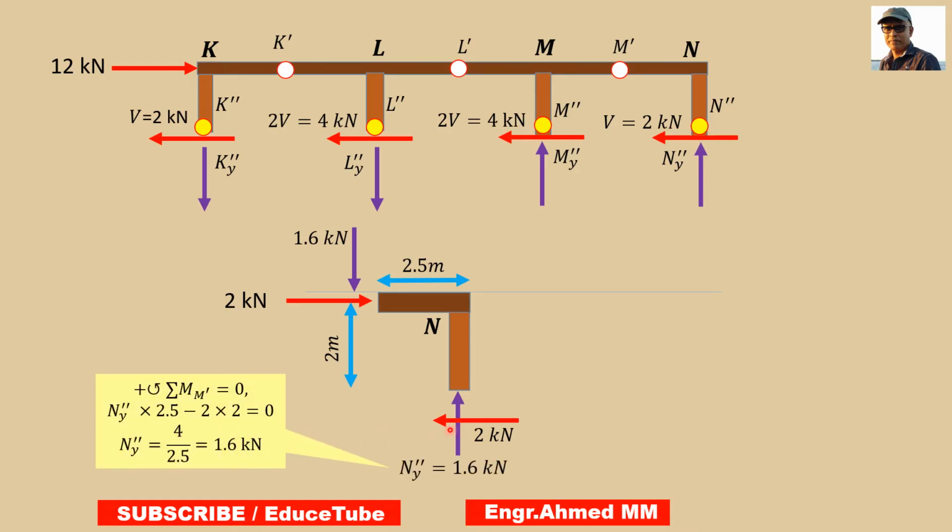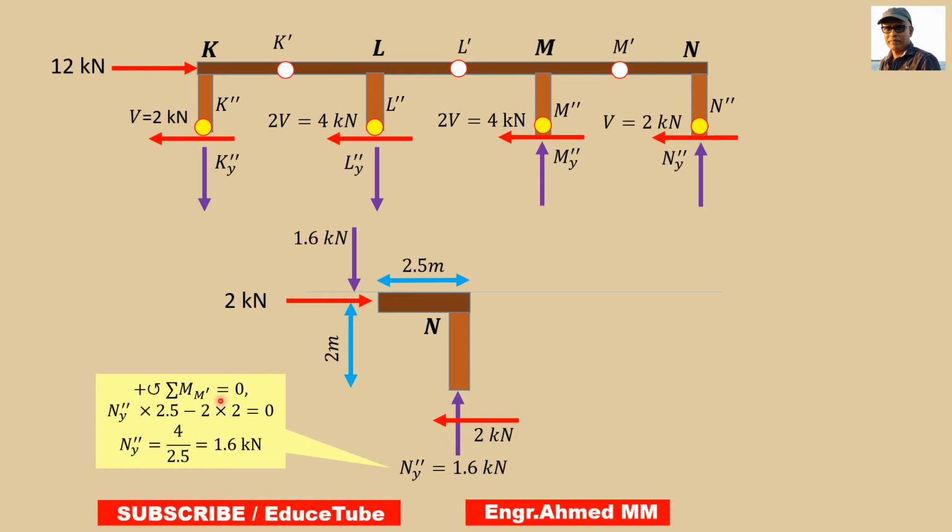We can get it in two ways: taking moment about this point or summing vertical forces equal to 0. So let's first take the moment about these points. N double prime y multiplied by these 2.5 minus these 2 multiplied by 2, we get N double prime y equal to 1.6 kilonewton.